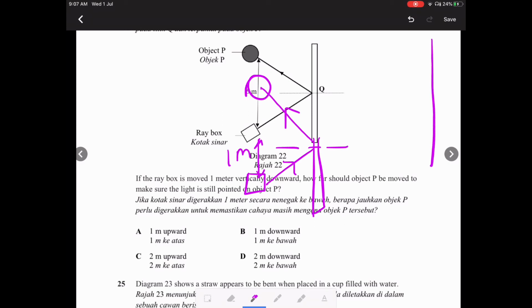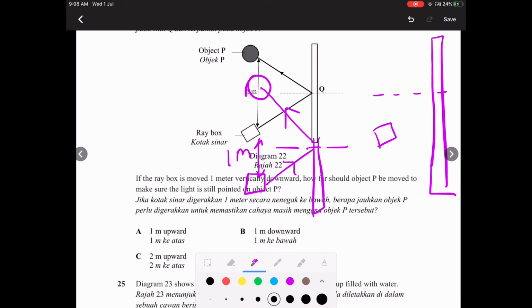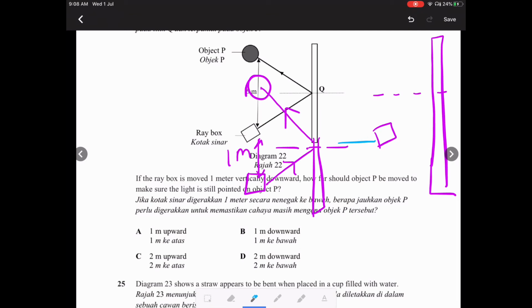Okay, kalau dia kata, ini cermin. Okay, ini kedudukan asal kotak. So kalau kotak tu bergerak ke belakang, saya lukis warna lain. Okay, kalau dia kata dia bergerak ke belakang 1 meter, so dia di sini. So maknanya dia akan jauh.